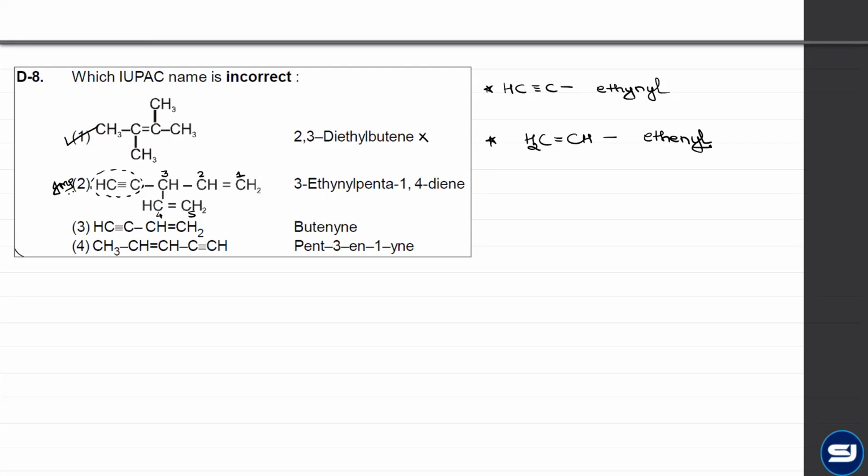E उड़ाओ YL लगाओ. अच्छा, this ethenyl is commonly also given one very special and important name, vinyl. Ethenyl is same as vinyl, but vinyl is the common name और IUPAC में यूज करना है तो ethenyl यूज करेंगे. समझा?